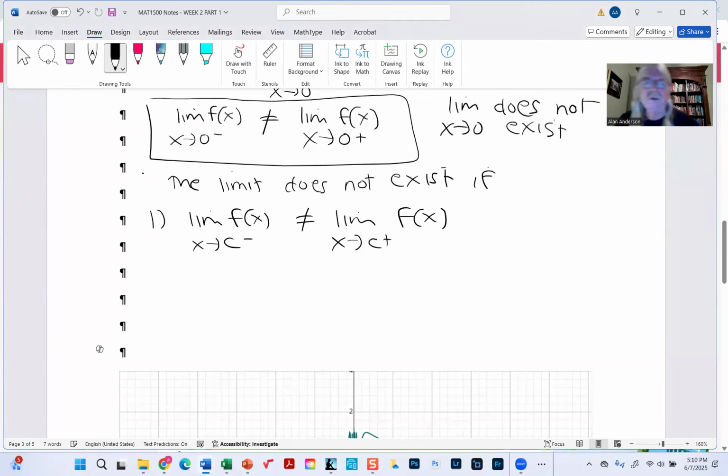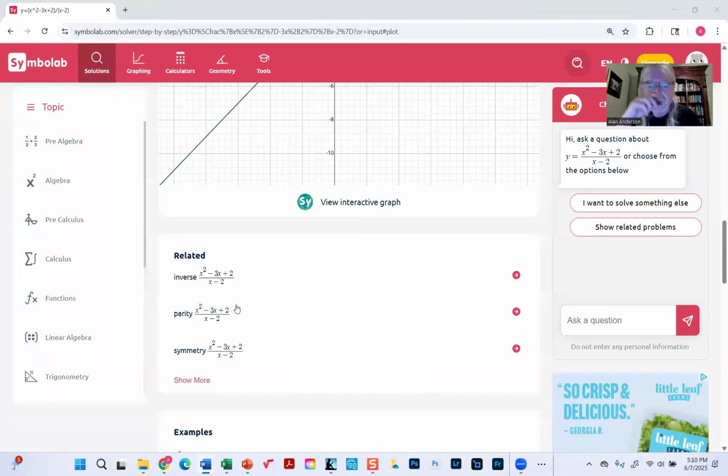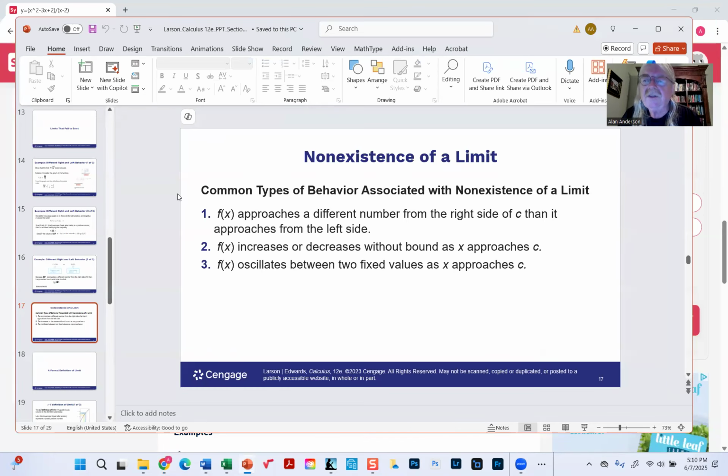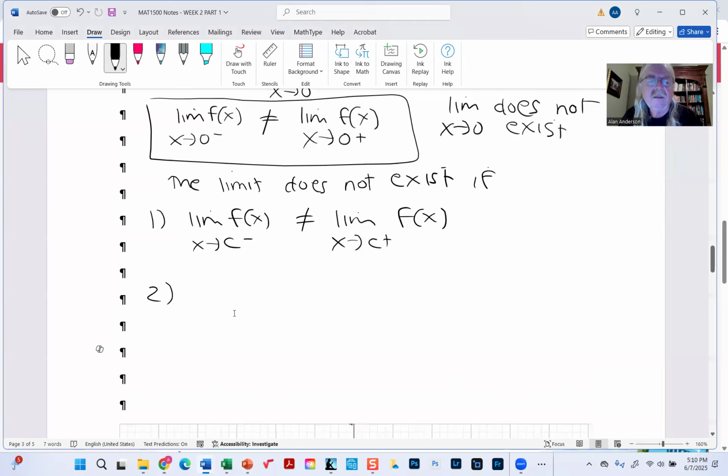Okay. And we just saw this case. Or possibly number 2, f of x increases or decreases without bound. So let me show you an example of that.